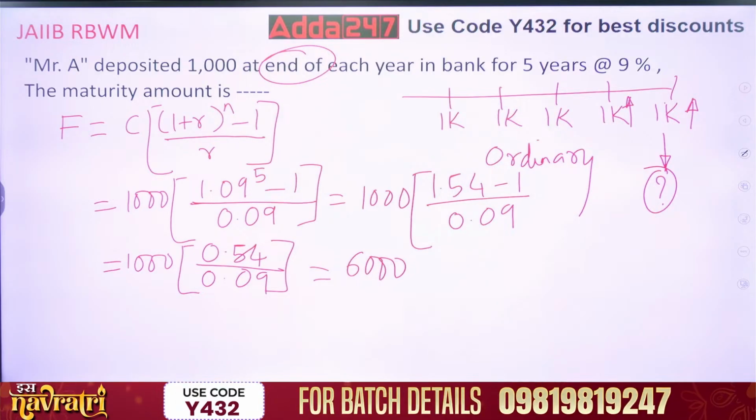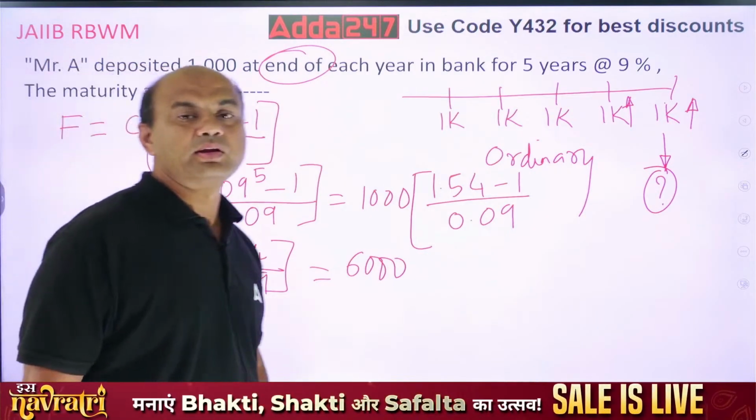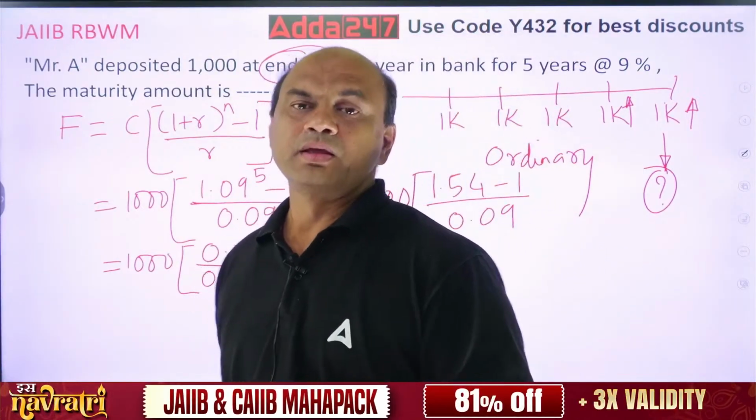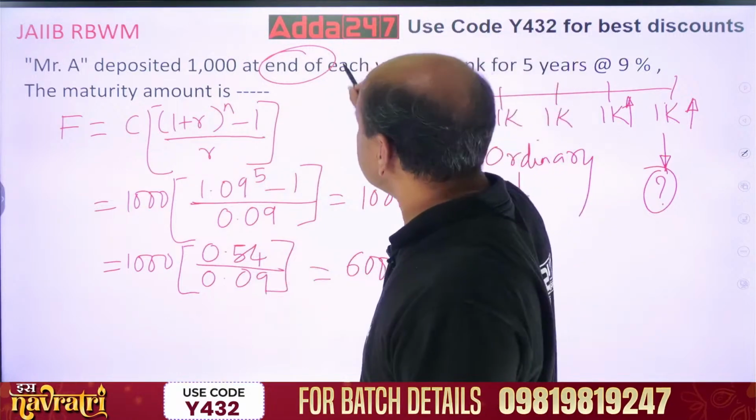Okay, got it everyone? This is known as the future value for an ordinary annuity. Now suppose they had given the investment at the beginning, see this problem is over.